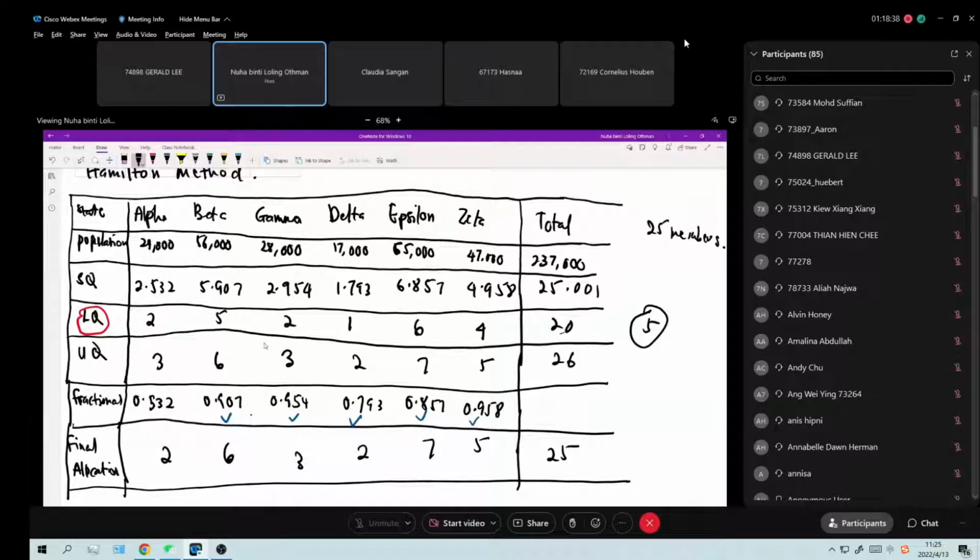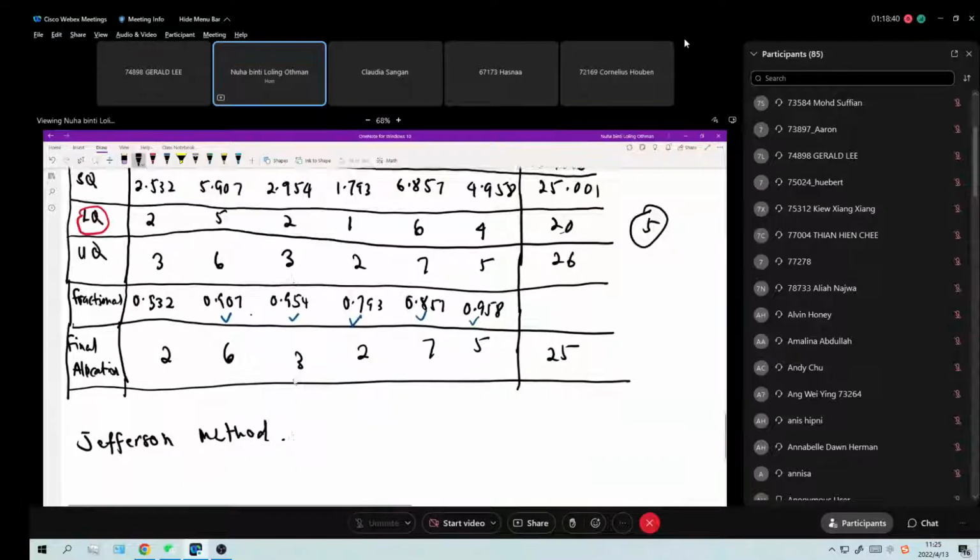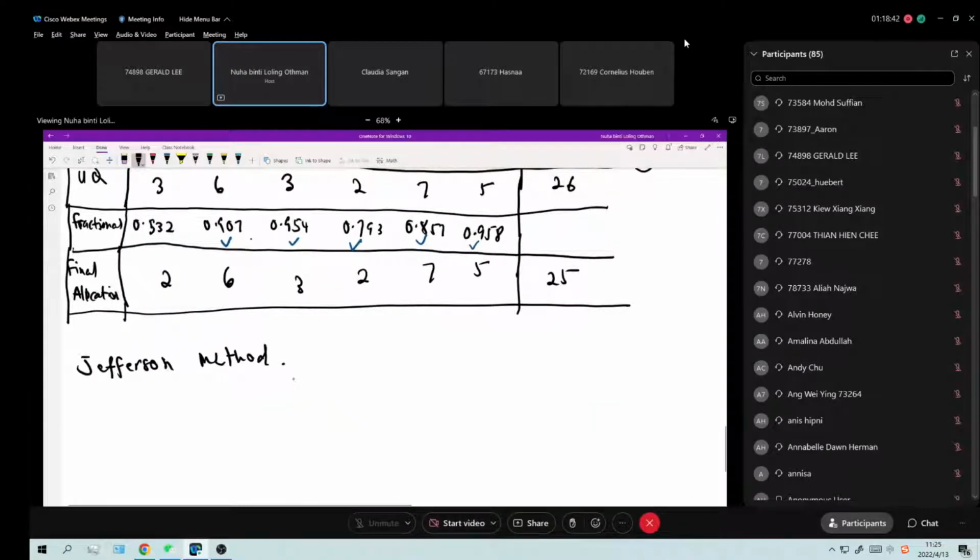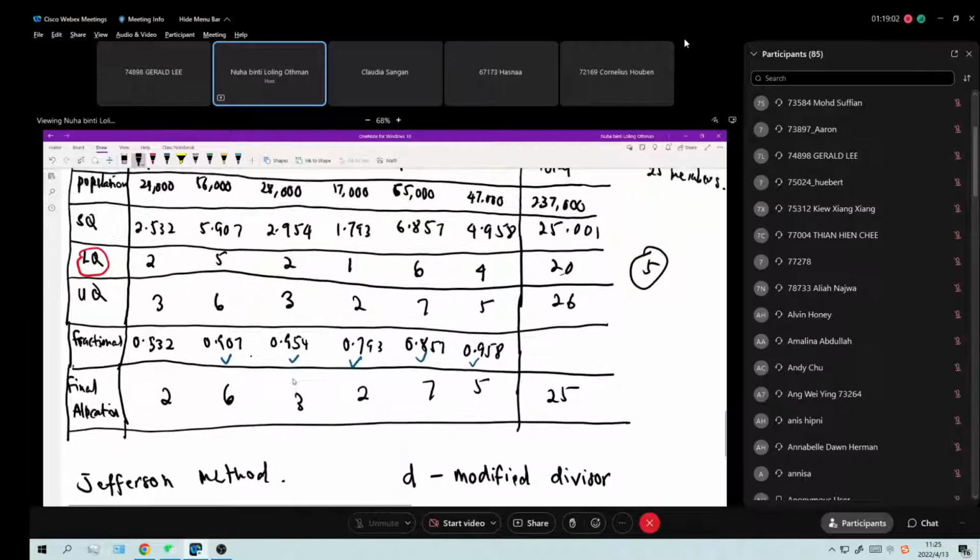And what you do in the Jefferson method will involve D, what we call the modified divisor. Why does this modified divisor exist? Because of the problems that arise in the Hamilton method.